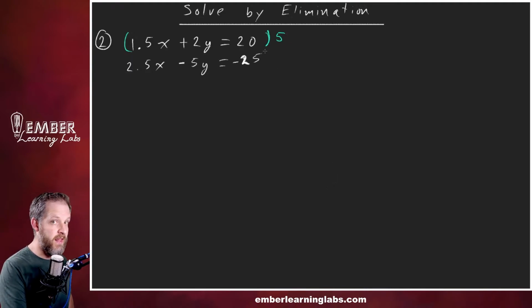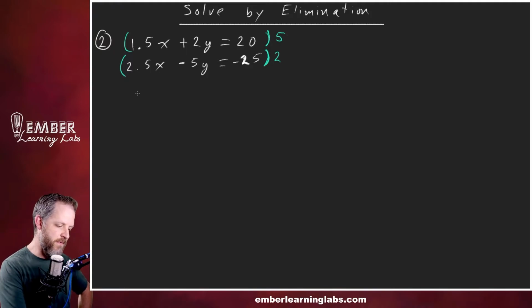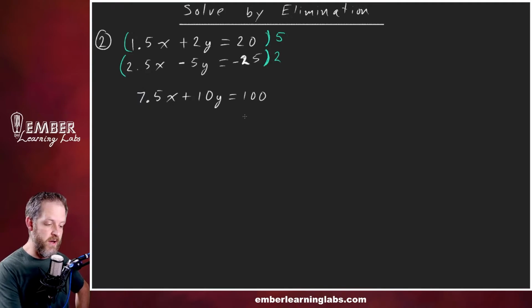right? And then you may have already guessed what we're going to multiply the second one times. We're going to multiply the second one times positive 2, because that's going to make them positive and negative 10, respectively. So 5 times 1.5 is 7.5 plus 10y equals 100.